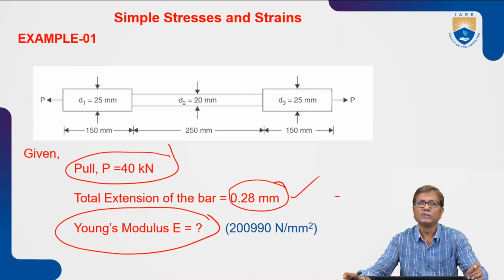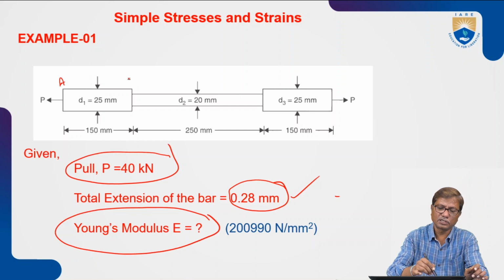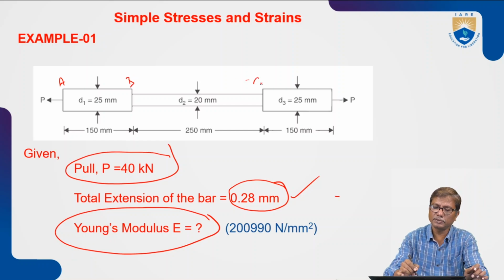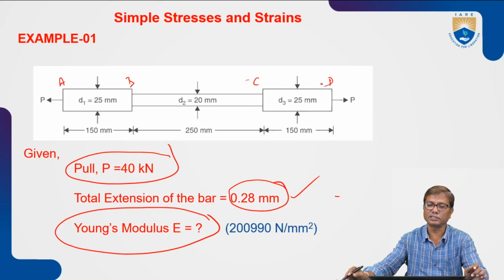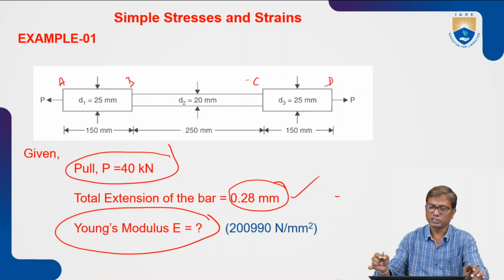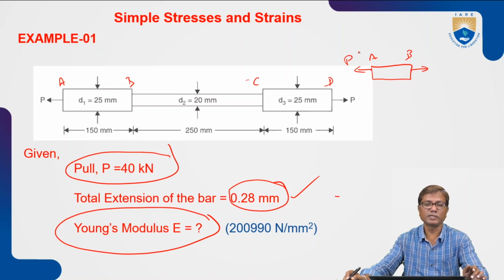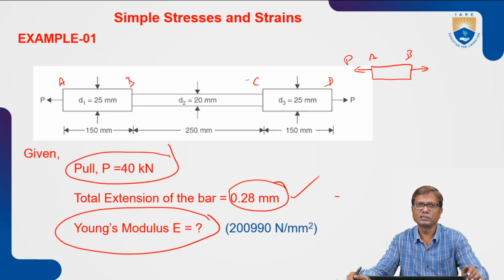So, we solve this example by considering the free body diagrams of the portions AB, BC and CD separately. All these 3 members are subjected to tension. Considering portion AB, it is subjected to a force P at the left end, an axial pull.